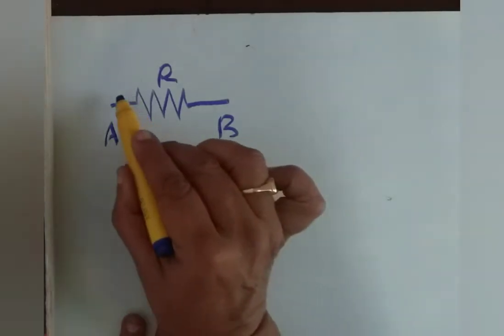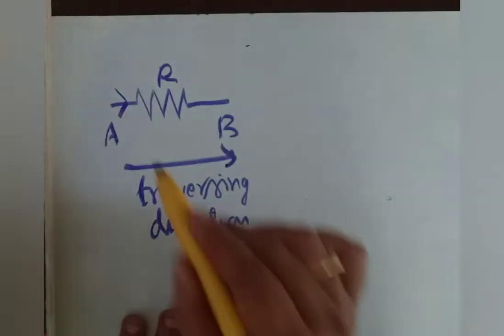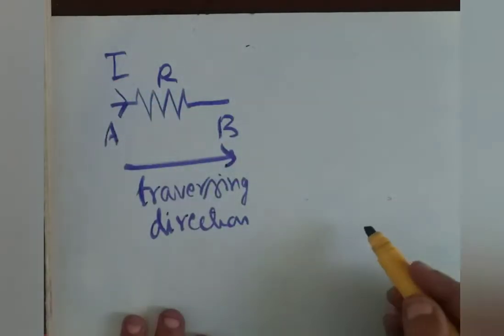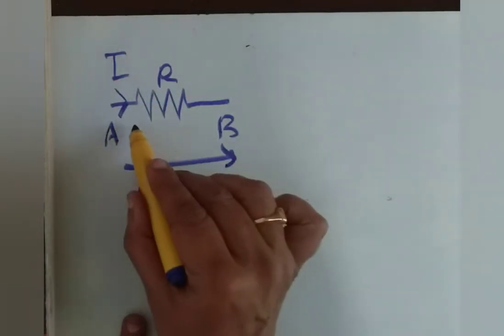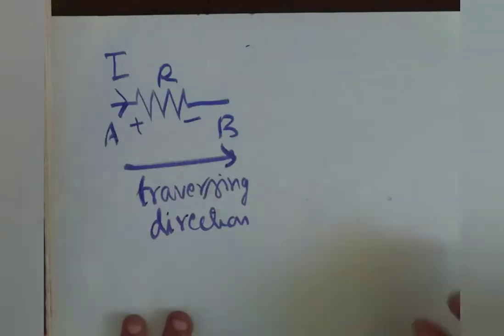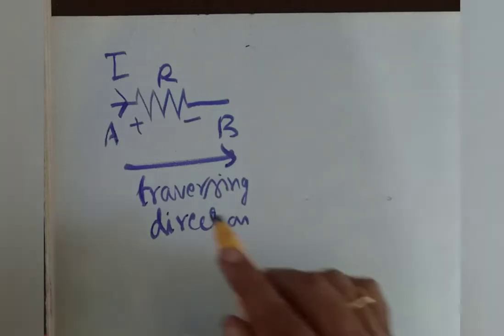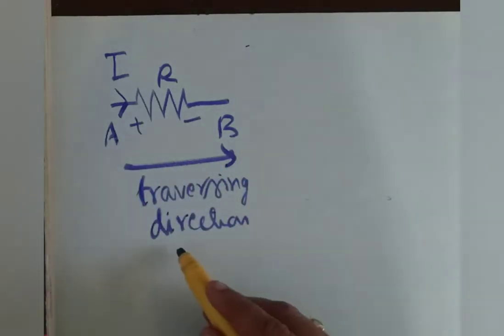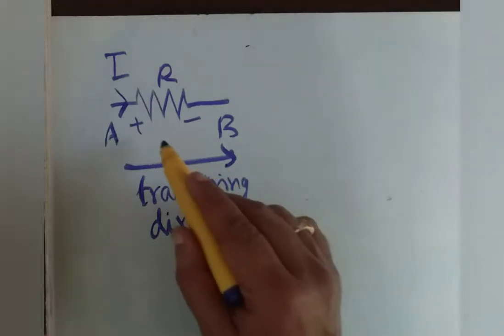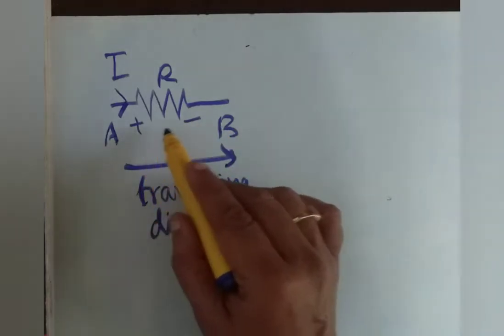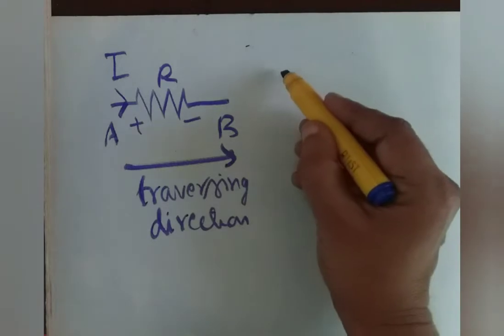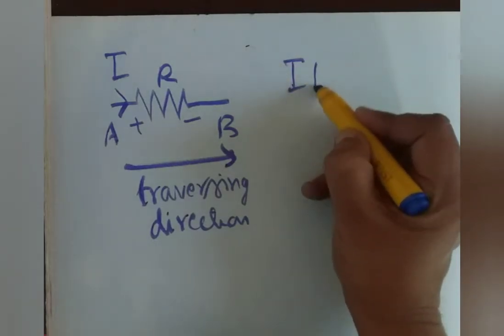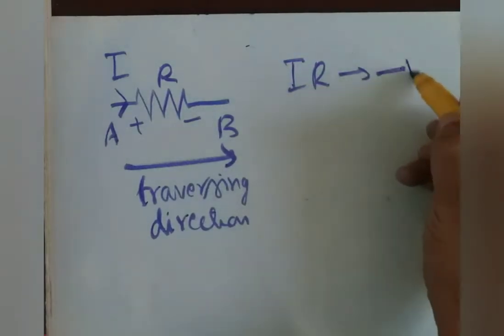Observe, if we have a current going from A to B, we know current flows from high potential to low potential. If we look from A to B, the traversing direction is A to B, and there is a fall in potential from plus to minus, then the potential difference IR is negative.